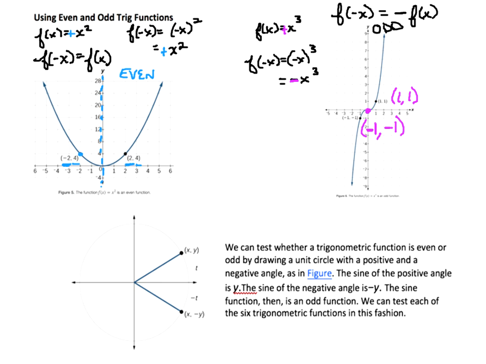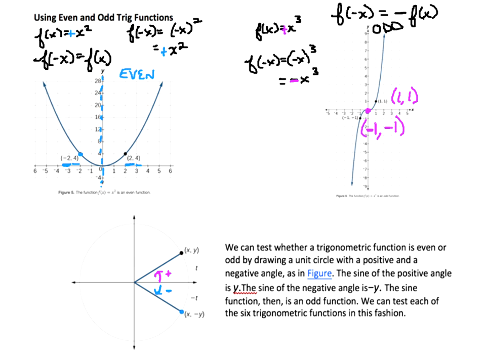Okay, so we can test whether a trig function is even or odd by drawing a unit circle with a positive angle. So here's our positive angle. And a negative angle of the same size. There's our negative angle.